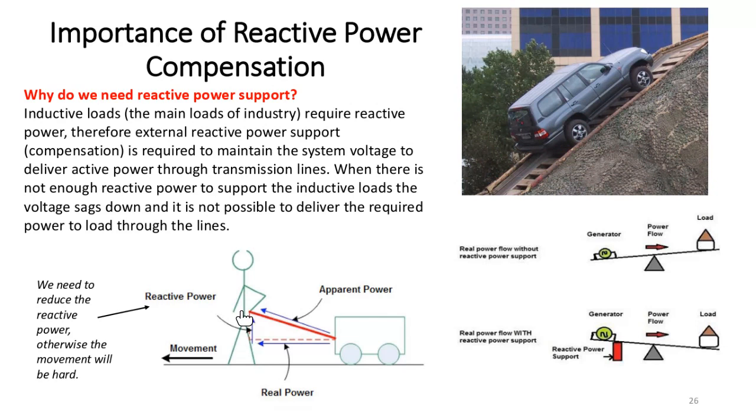It means that we want this vertical line here to be less, so it is smooth to pull the car. So we want to reduce this one. That's where we say that we want to improve the reactive power. Therefore, this angle here needs to be reduced.